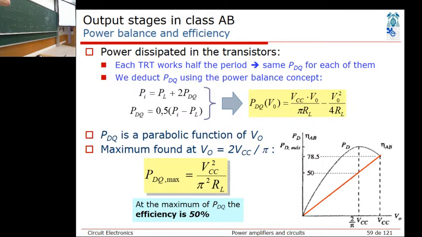If you are running different waveforms, this will be totally different, of course. But for sinusoid or symmetrical waveforms, you consume the same amount of power in both transistors.